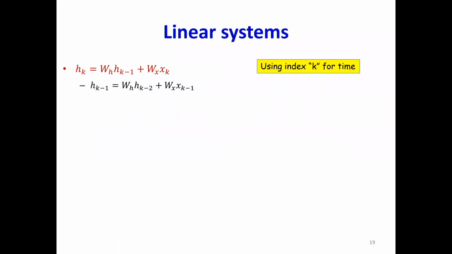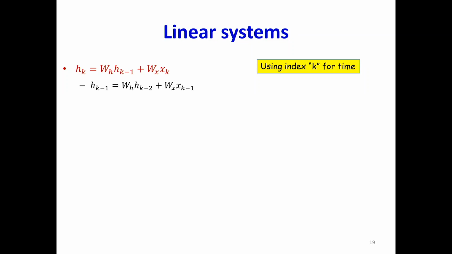HT equals WH times HT minus 1 plus WX times XT. So you have the connection going up from the bottom, and you have the recurrent connection coming in from the side. This is the recurrent weight, and this is the weight going up from the input.